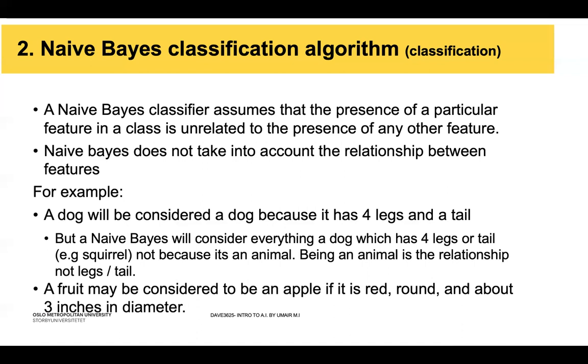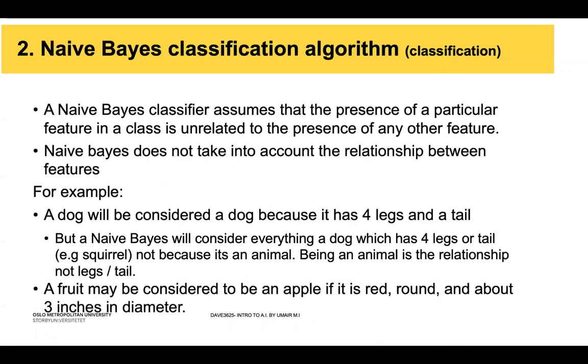So what the naive Bayes algorithm does is it tries to classify values inside a data set based on features which are not related to each other. For example, it will consider a dog as a dog because it has 4 legs and 1 tail, but it will also consider a cat as a dog because it also has 4 legs and 1 tail.